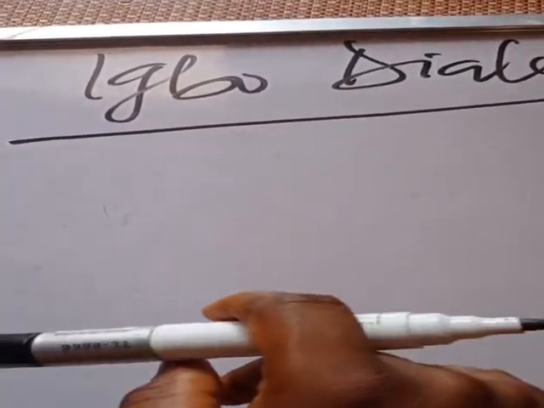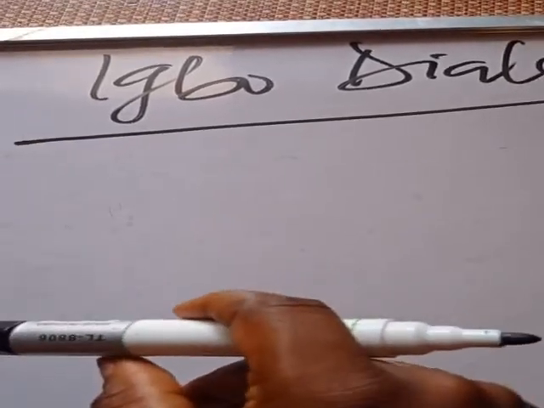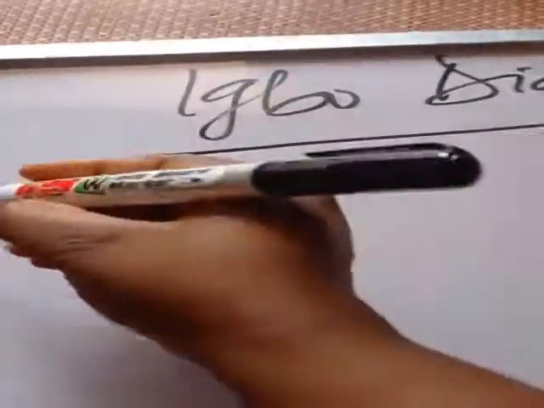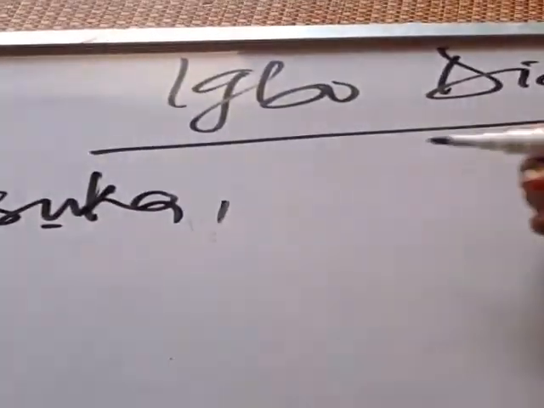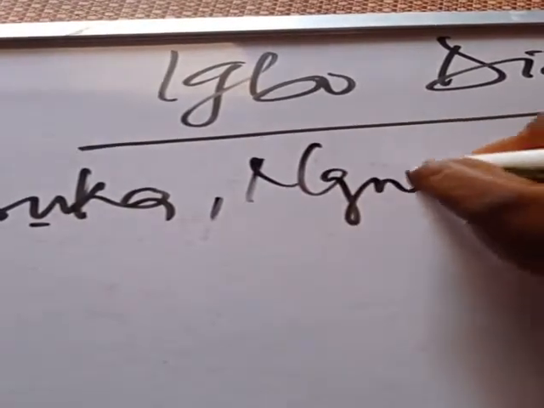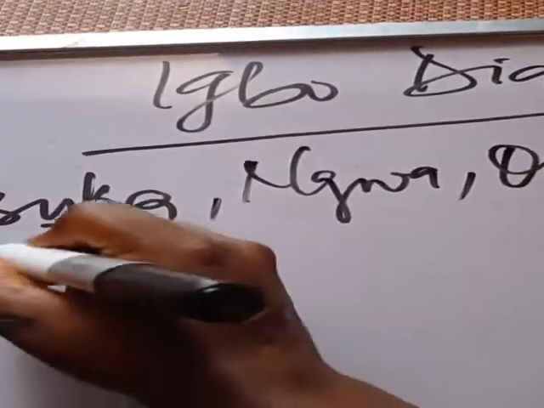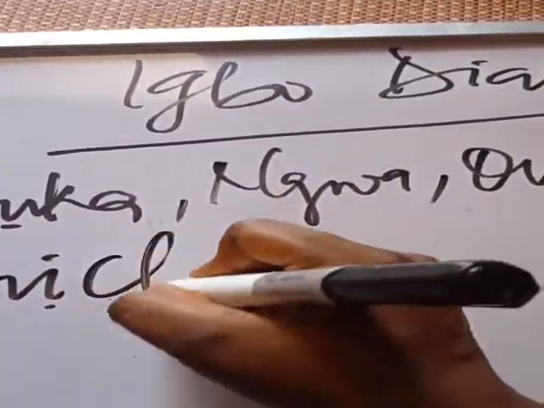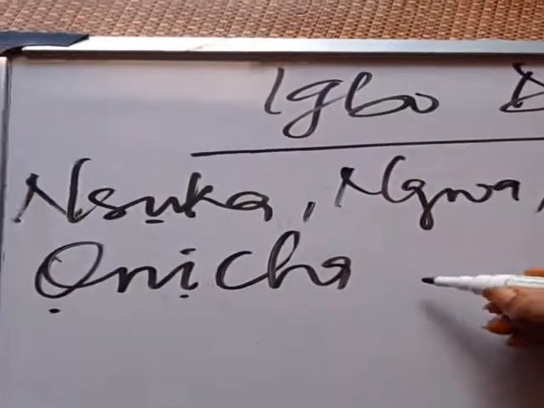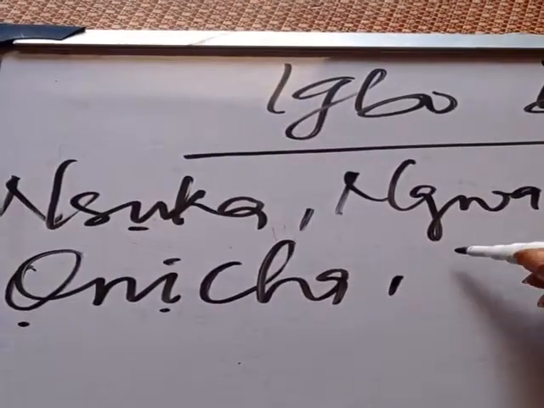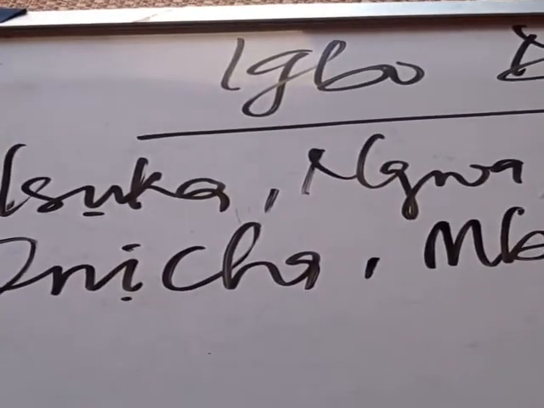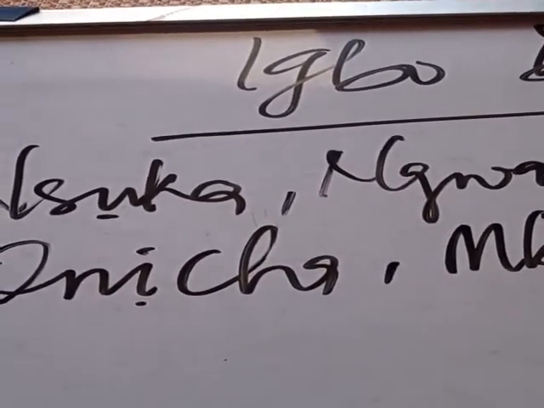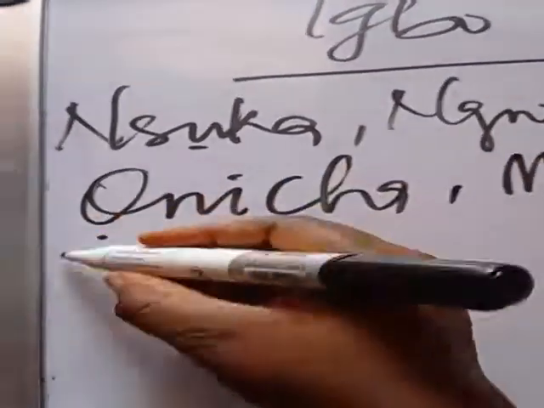We have Nsukka dialects, Ngwa dialects, Owerri dialects, Onitsha dialects, Mbise dialects, Oka dialects, Umuahia dialects.